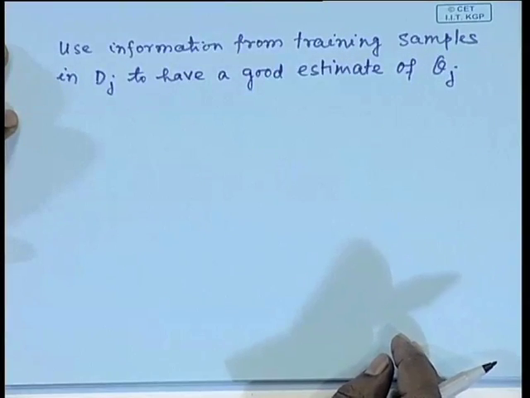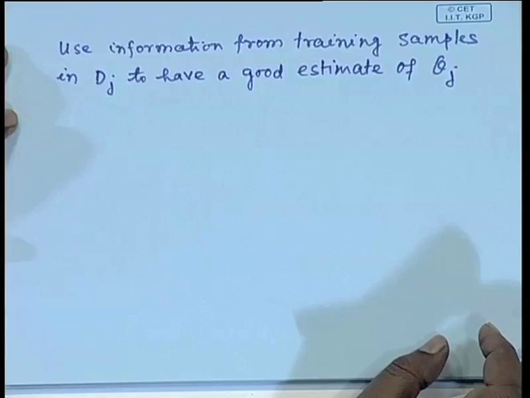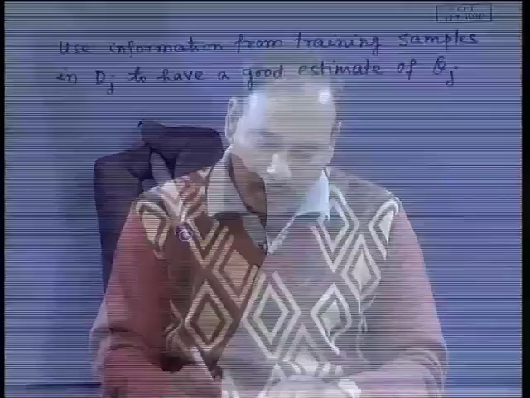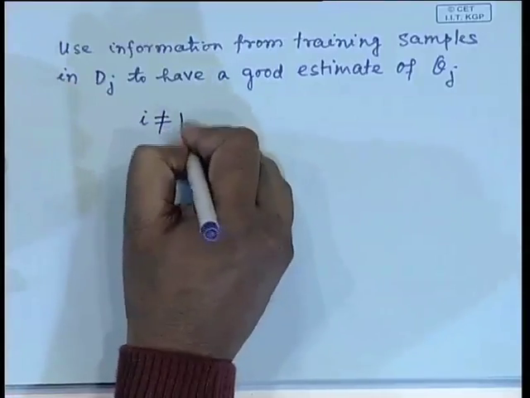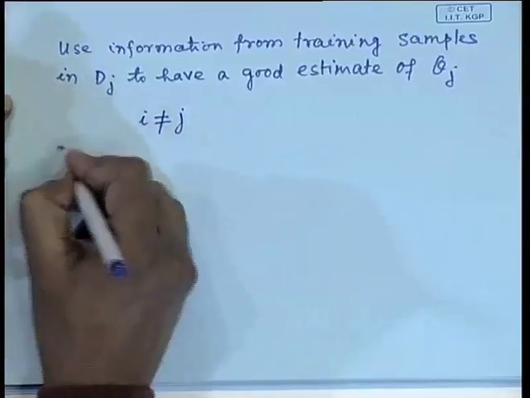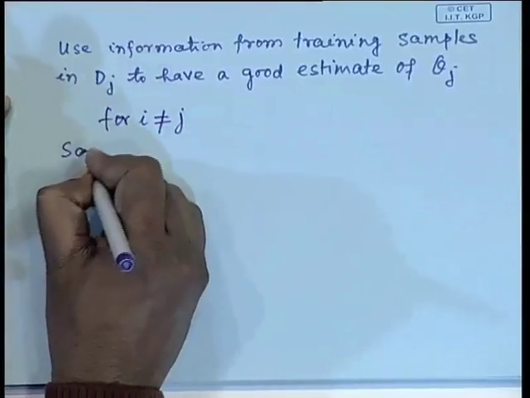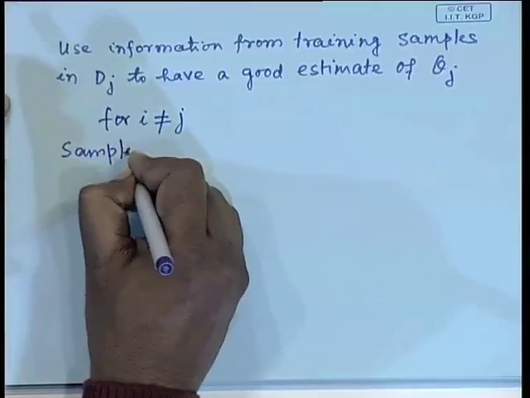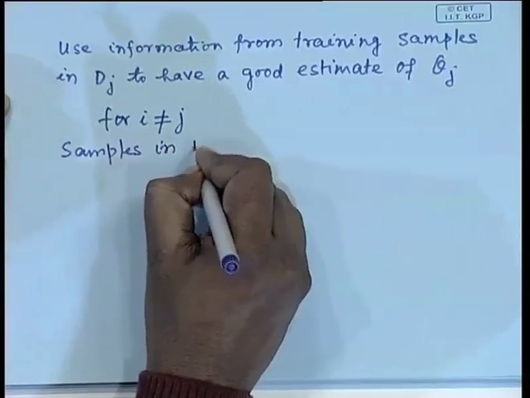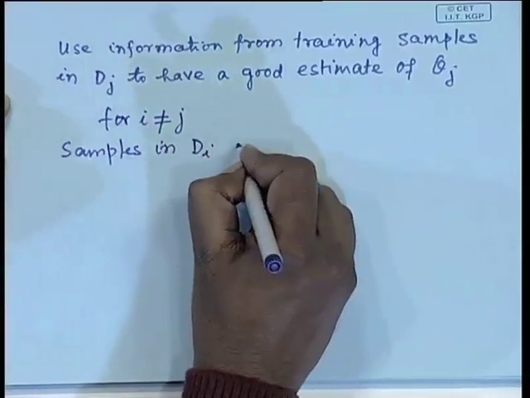Okay. While doing so, we also assume that the samples in set D i do not provide any information about the parameter vector theta j, for i not equal to j.